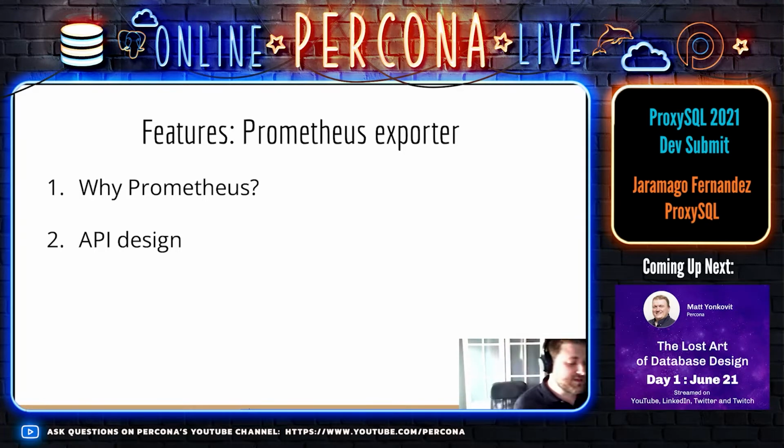But since in ProxySQL we care about performance a lot, we didn't want to spend any extra cost of ProxySQL working threads' time for the simple purpose of updating a metric. This approach comes with some downsides, which is that metrics objects for Prometheus exporters are usually atomic, and we didn't want to spend this extra cost for some metrics.